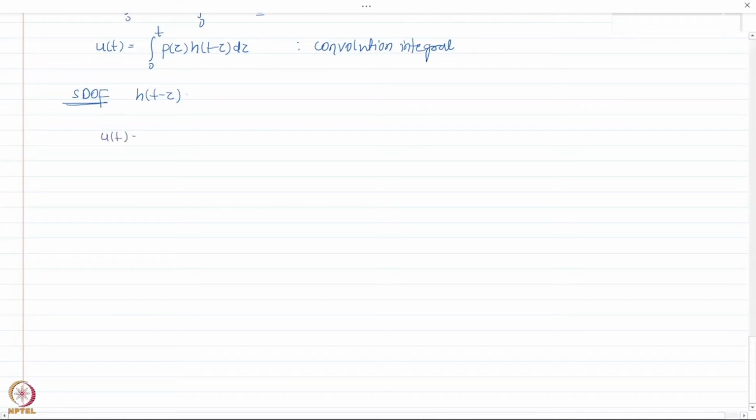That expression can be used to obtain the response. Let us first write it for a damped system. I can write this as 1 over m omega d, integral from 0 to t. Remember, the integration variable is tau.